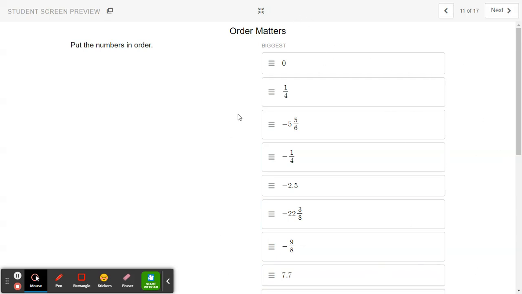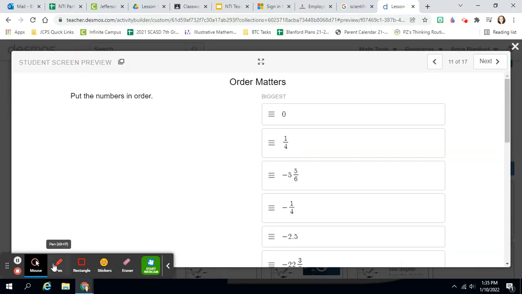Okay? For instance, if I'm going to do 1/4, that's a fraction, but I need it to be a decimal, right? In order to change 1/4 to a decimal, it's super simple. I'm going to go to a calculator, even though I know this one by heart, which some of you may know by now.